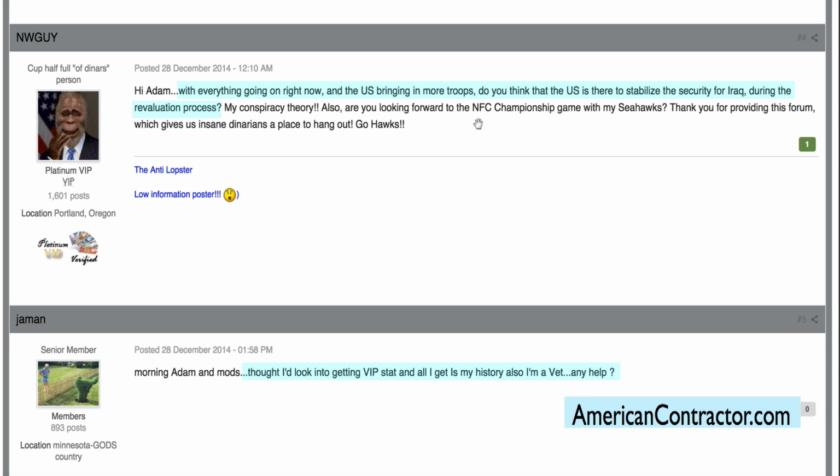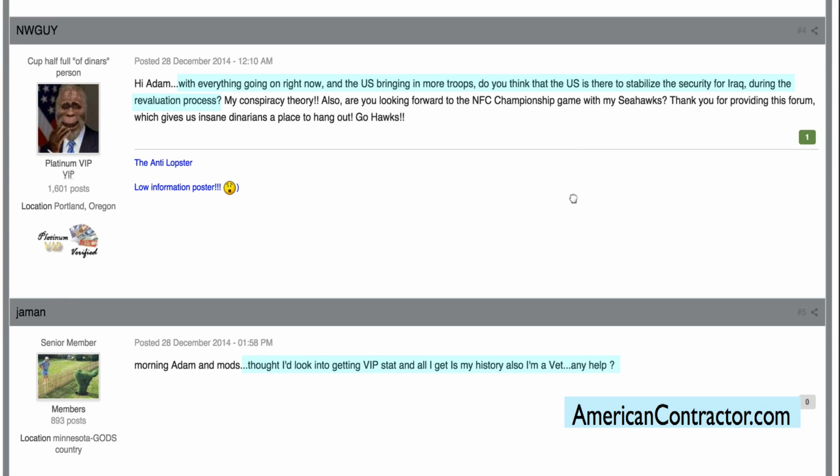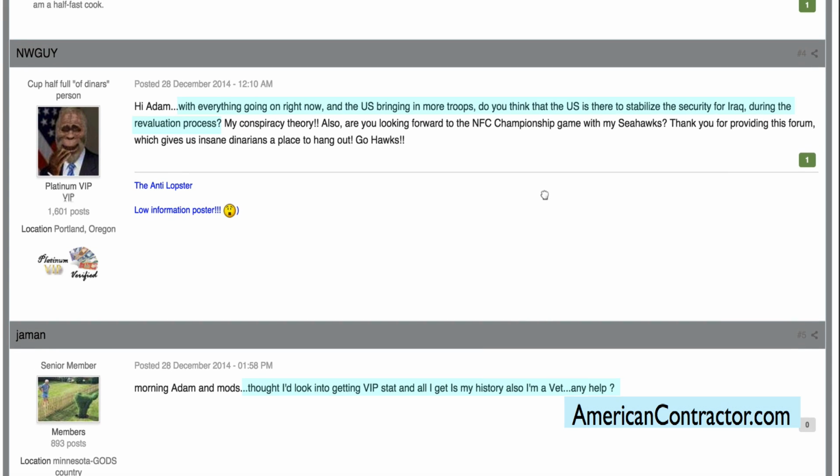I don't think they have a mission to stabilize. Actually, they will have a mission to stabilize Iraq as far as not having the Iraqi army being attacked. They'll be training the Iraqi army, but if they're engaging in combat, it's because they're defending themselves. They won't be actively engaging in combat because they haven't been given the okay for that.